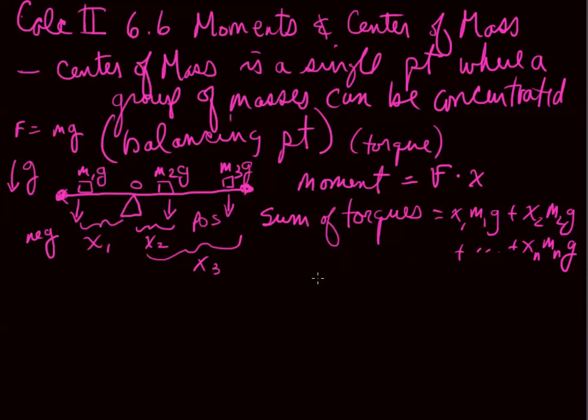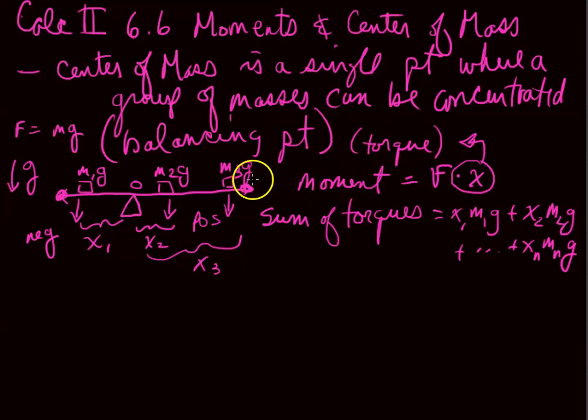So the moment, okay, I've got to make sure this is clear. The moment is the force. When you multiply by that distance, you get a torque. So the moment is different from the torque.